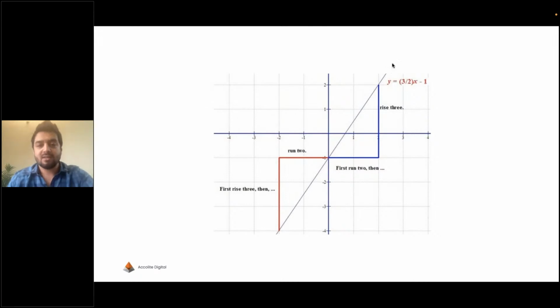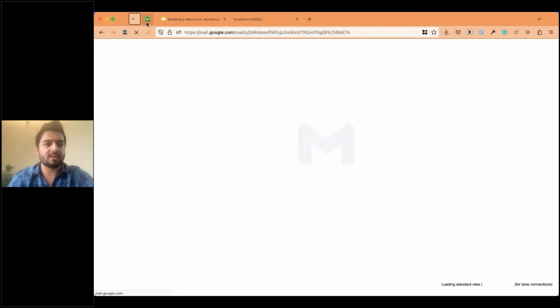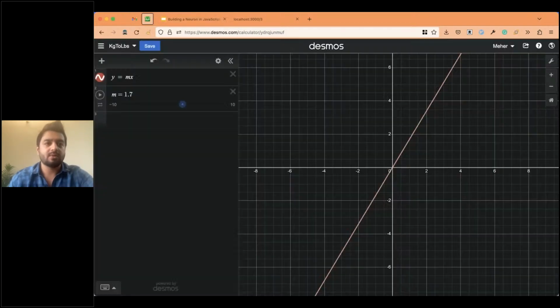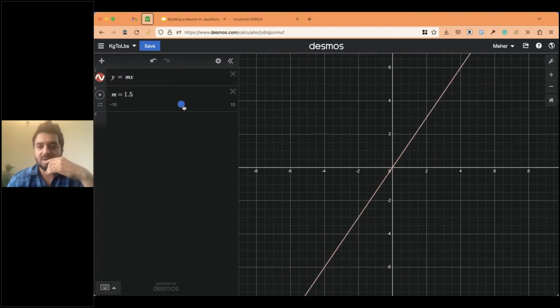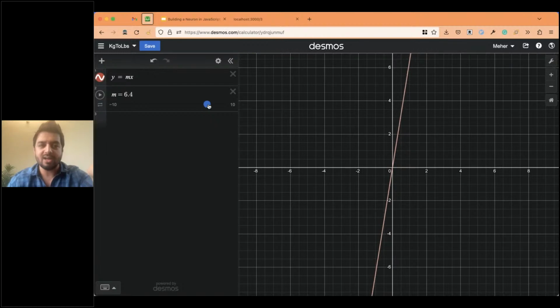Let's jump back again to this. So this is basically your slope. How much is your y rising? For example, if I make the slope really high, like 6 or 7, then just try to think in terms of this: if I make a small step in the x direction, a huge step is taken in the y direction.